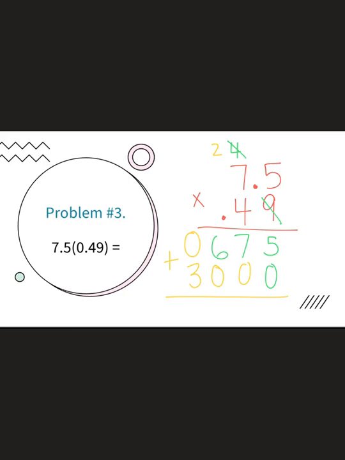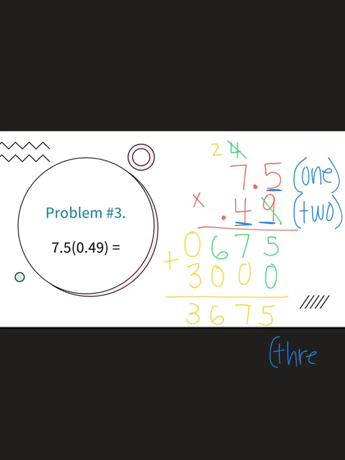Fill in any missing spots with a 0, and then add our products. So for our final answer, this would be a 5, 7, 6, 3. We need to look at our decimal point, so there is 1 number after our decimal in 7.5. There are 2 numbers after our decimal in 0.49. 1 plus 2 means I need to move my decimal 3 places in my final answer.